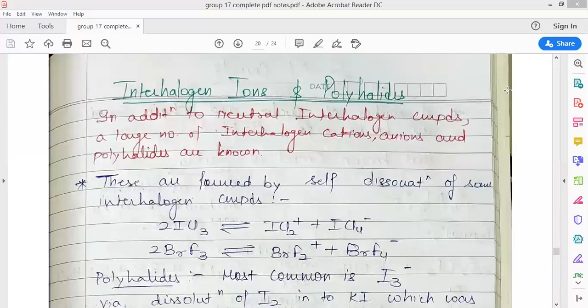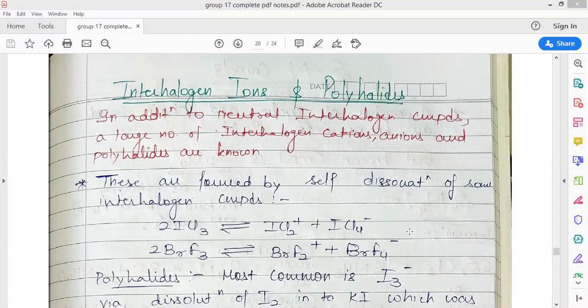In addition to neutral interhalogen compounds, which we have already discussed, a large number of interhalogen cations, anions, and polyhalide ions are known.